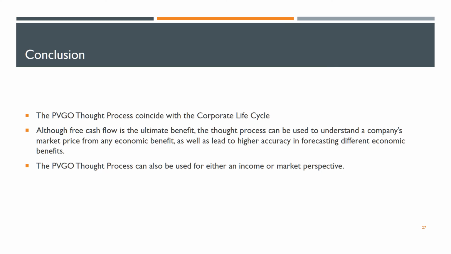The PVGO thought process can also be used for either an income or market perspective. You can use some of the insight and apply it to a DCF, or you can use some of the insight and just quickly run the numbers for a number of companies, for a peer group, for an industry, and see what you can find.